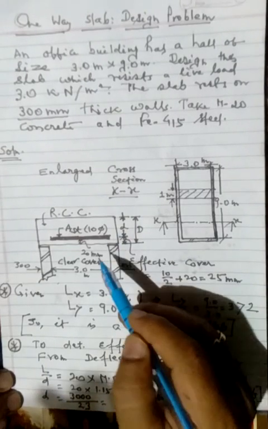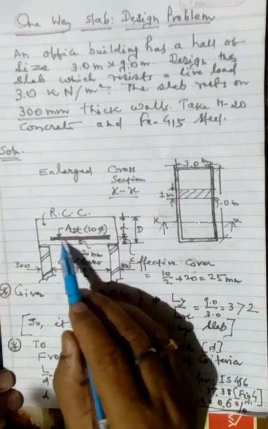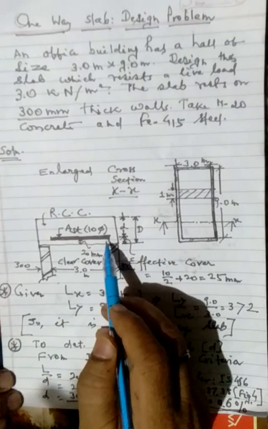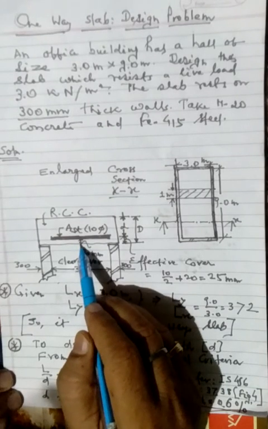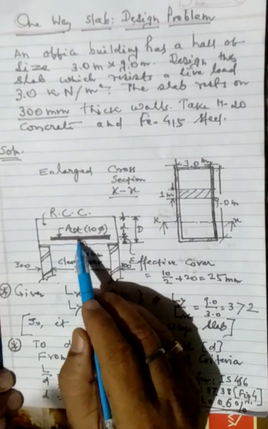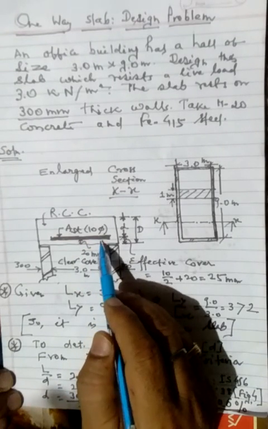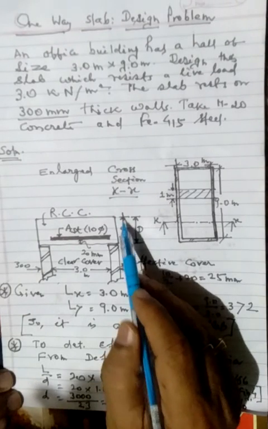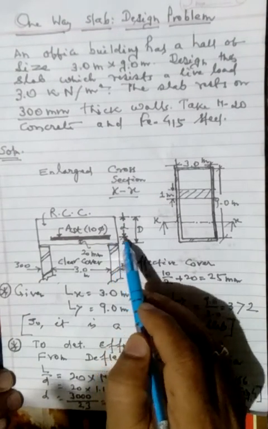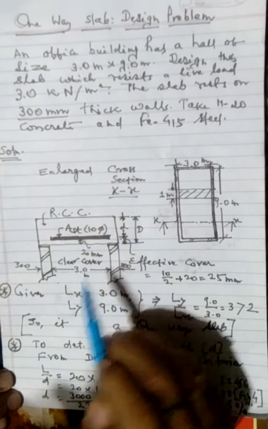I would just like to explain that in case of one-way slab, there is an area of steel nearer to the bottom surface, that is the tension surface. If this steel is, suppose, a diameter of 10 millimeter bar, then the distance from the top of the slab to the center level of the bar, that is the reinforcement, is the effective depth.